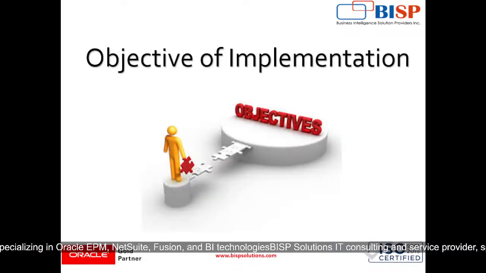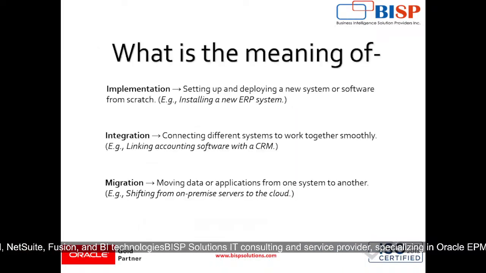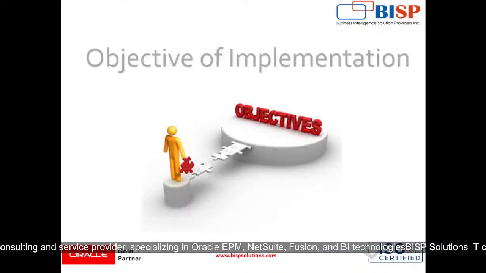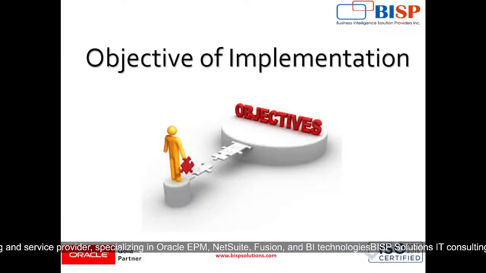Then comes our objective of implementation. What are the objectives of implementation? We have understood that we are implementing because we want to set up and deploy a new system from scratch. So why are we taking implementation?